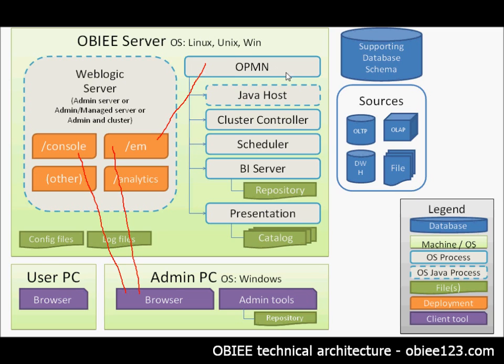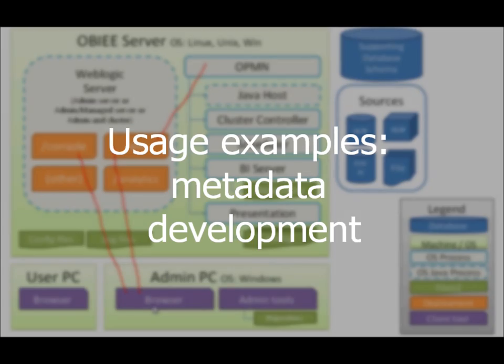This can be done all at once or one at a time. The status of all the components is shown here. So the console and the Enterprise Manager URLs are the most important URLs for an administrator to maintain the environment.